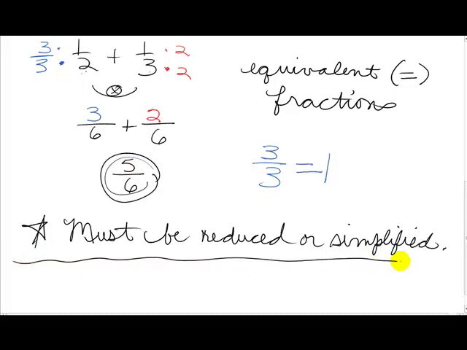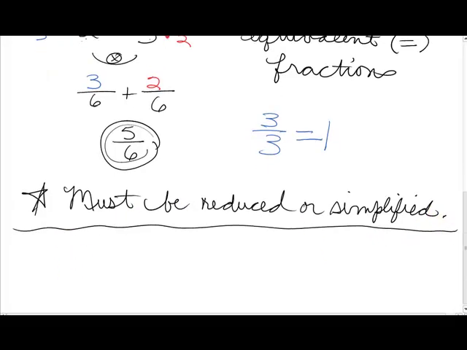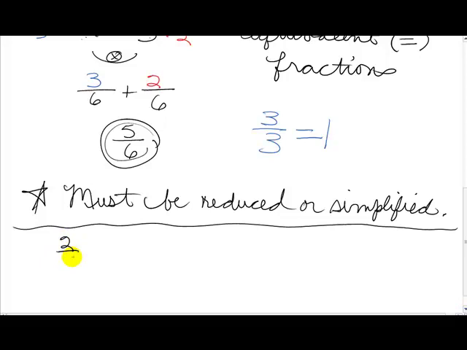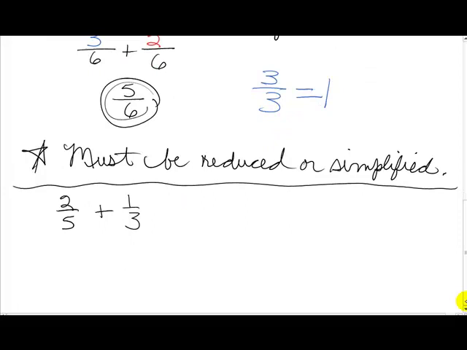Let's look at adding some more fractions. When we look at 2/5 plus 1/3, 5 and 3 won't go into each other, but if I take and multiply them, I'll have a common denominator. And in this case, it's the smallest.